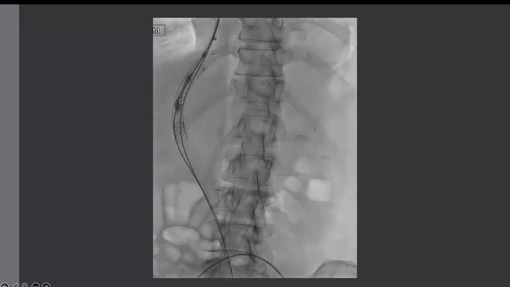This first one, where you can see the balloon here, is an uncovered stent, a Palmaz Genesis. And you put that in there.